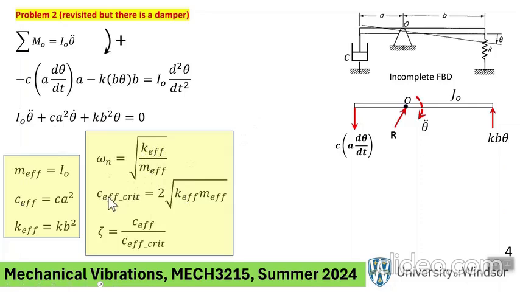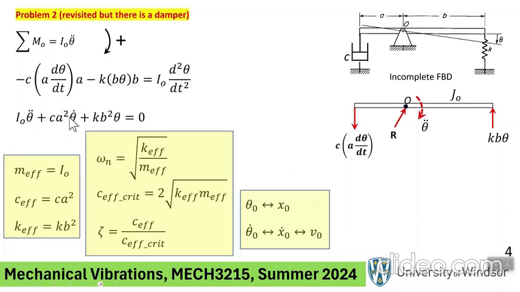Critical damping coefficient is 2 square root of K times M, but of course, K effective times M effective. And the damping ratio is C effective, whatever it happens to be, divided by C effective critical.